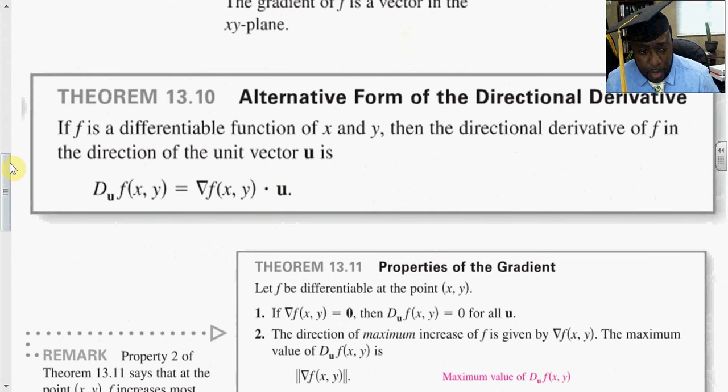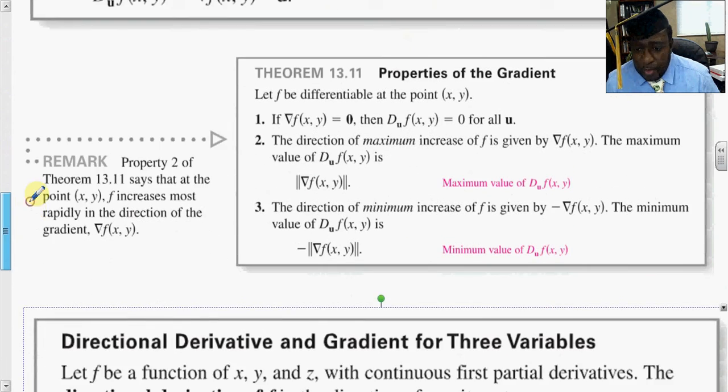vector. There are some other neat properties of the gradient: if you take the gradient, it is said to be the direction of maximum increase. So if you're going up a slope, the most rapid increase in slope would be the gradient.